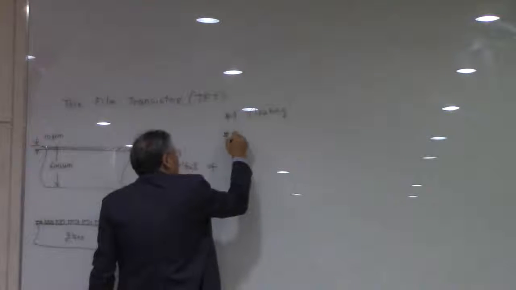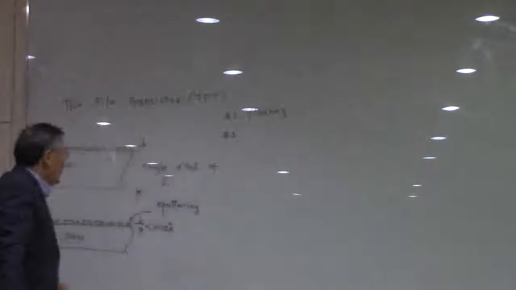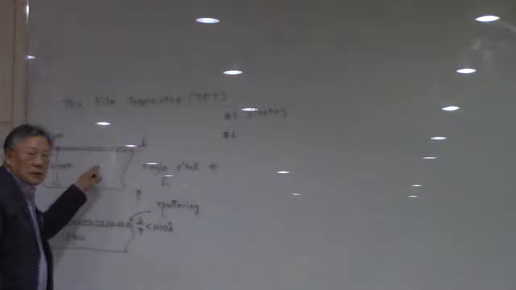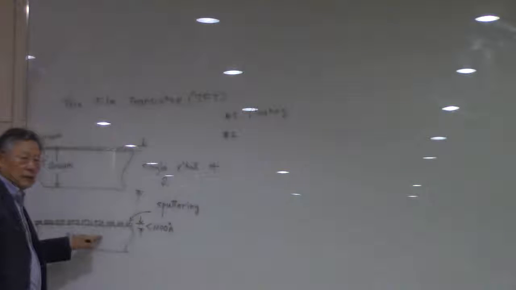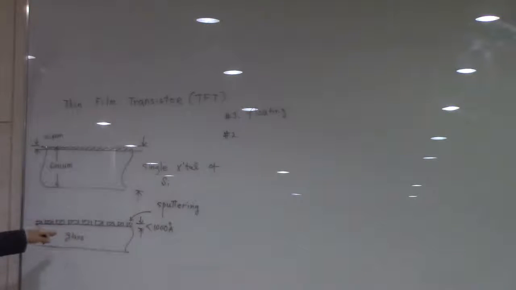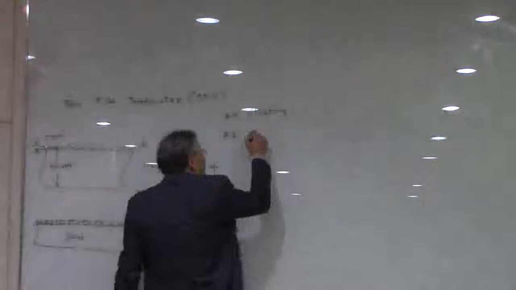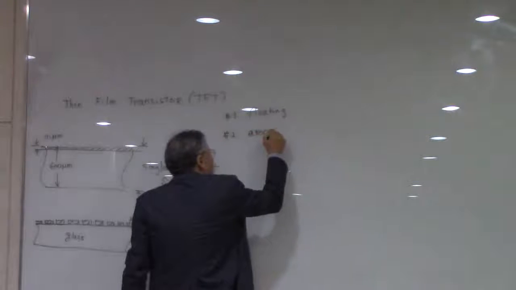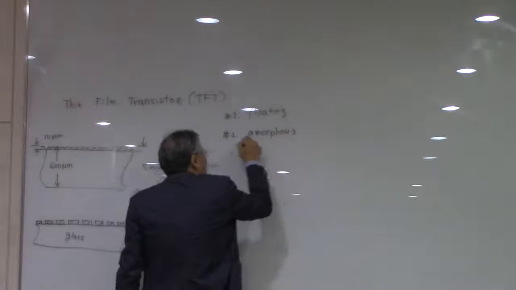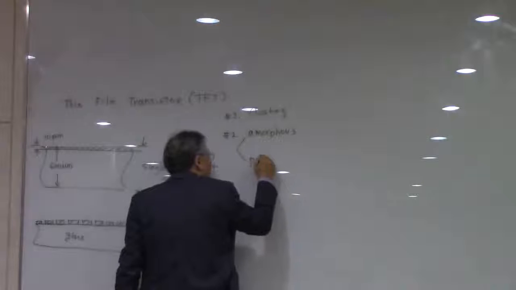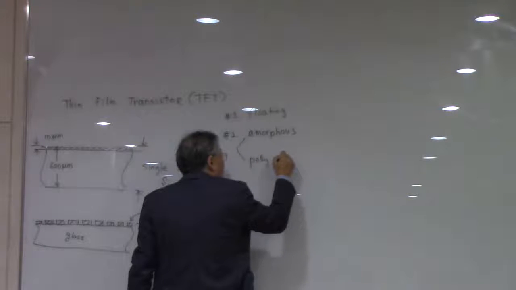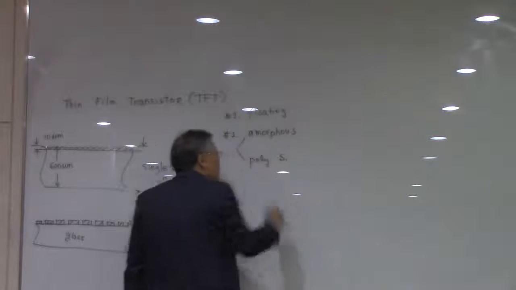And the second big difference is that in this case it's a single crystal, but in this case you cannot make a single crystal on top of the glass. You cannot. So either amorphous or at most you can make a polycrystal, polysilicon.